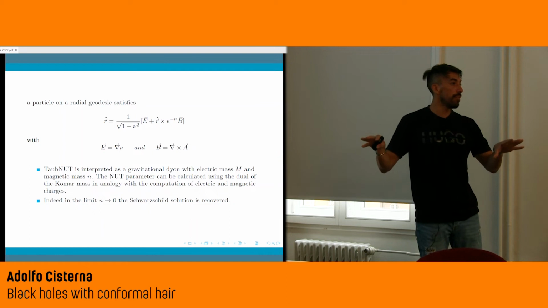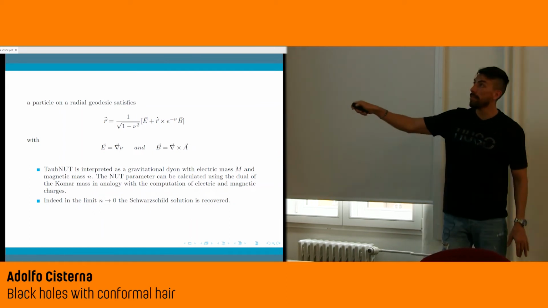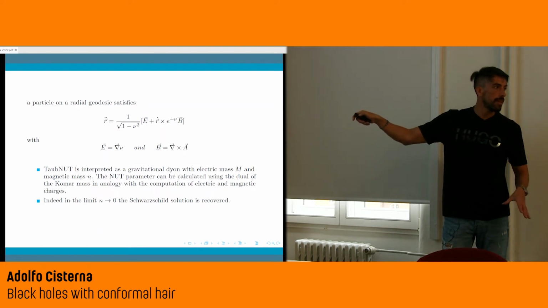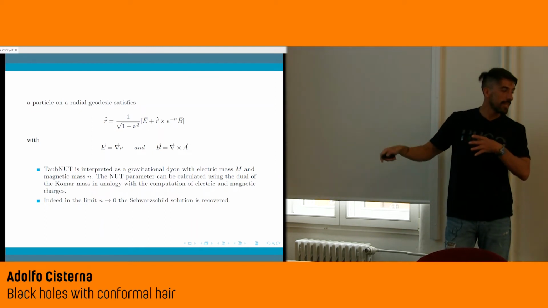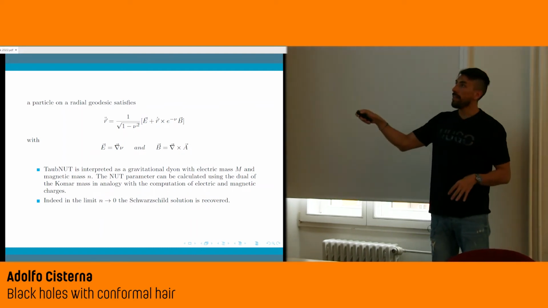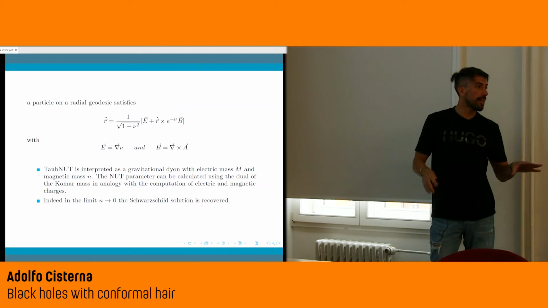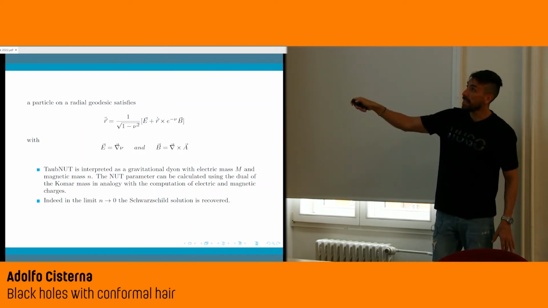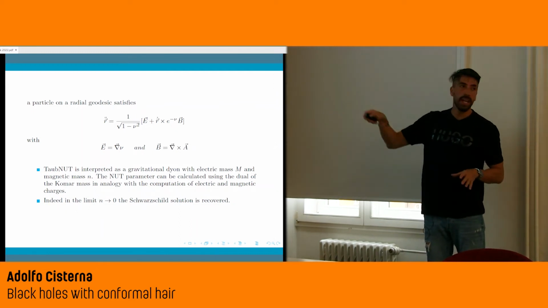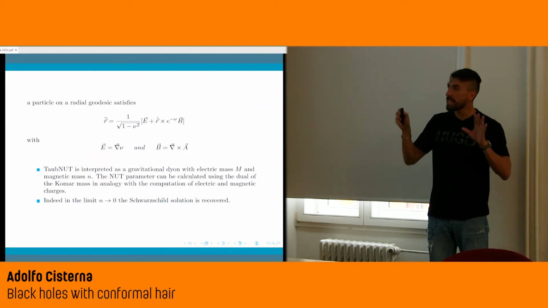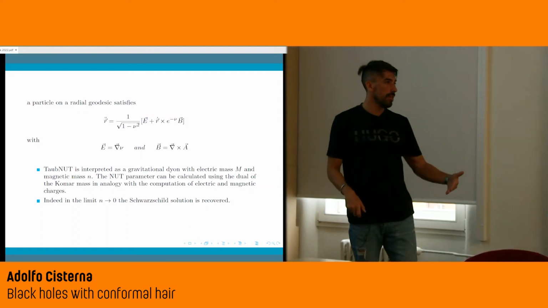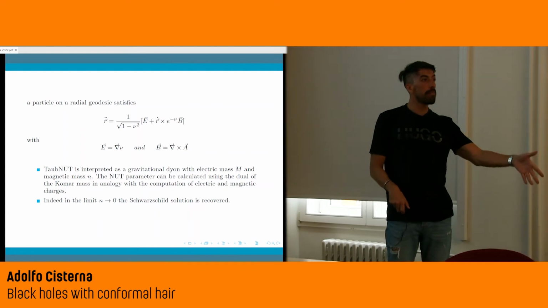So it's a kind of Lorentz force law, no? You have this kind of electric field here, magnetic field. This is the speed of the particle. So basically, a particle moving on a radial geodesic in this spacetime is describing movement under an electric and a magnetic field, where this electric and this magnetic field are precisely given in terms of my original metric functions, nu and A, and how they are related. Precisely in the same way, you compute the electric field coming from an electric potential, and your magnetic field coming from a vector potential.